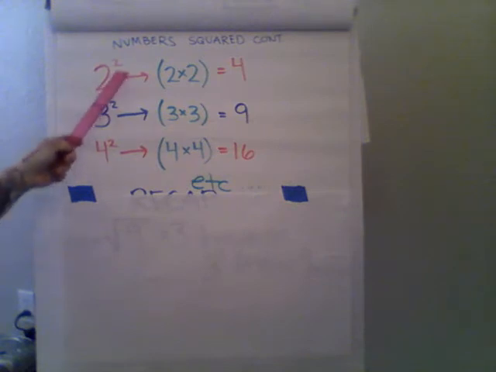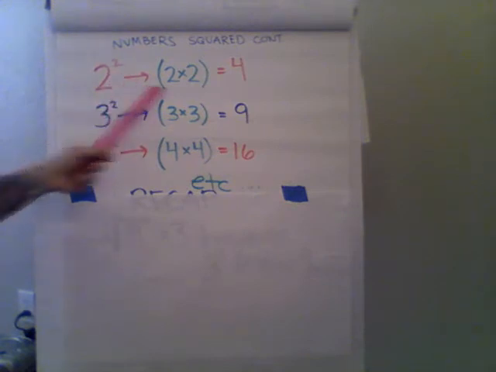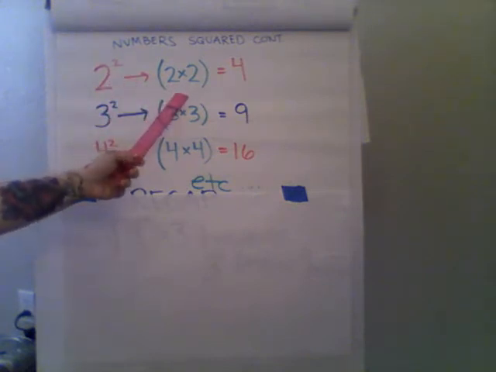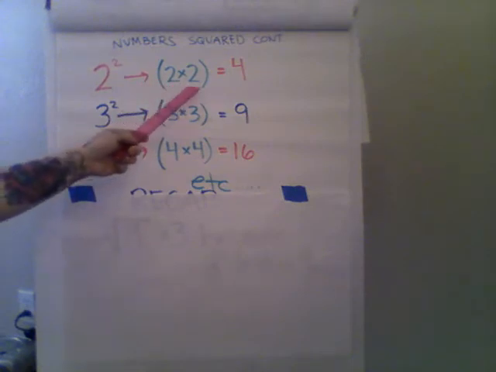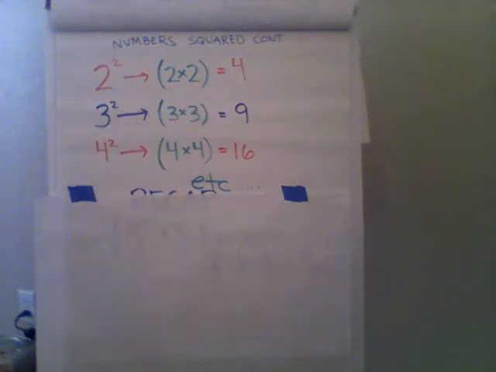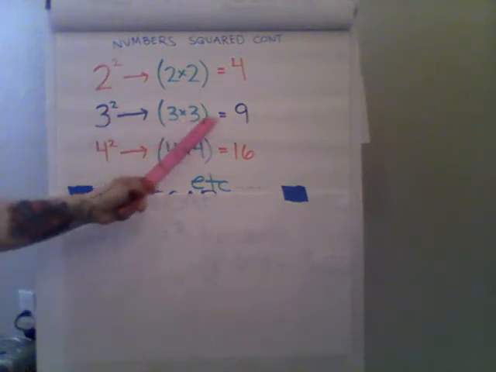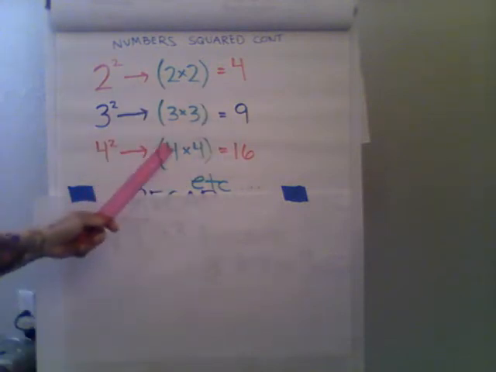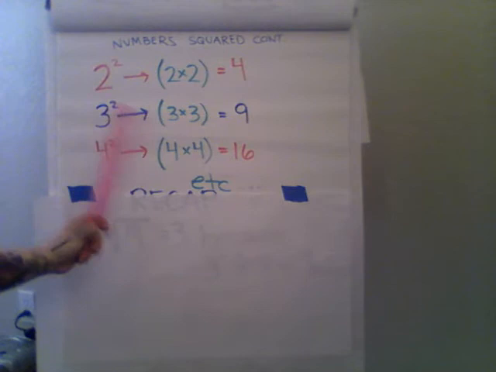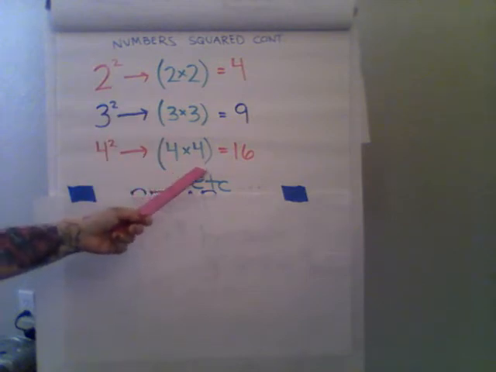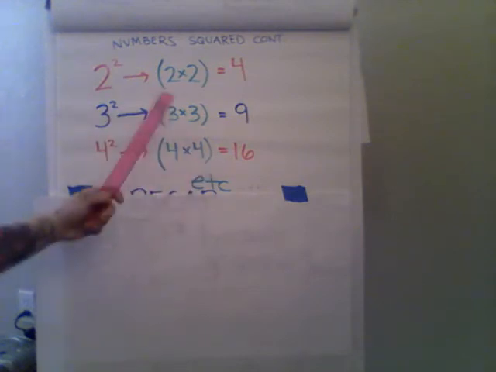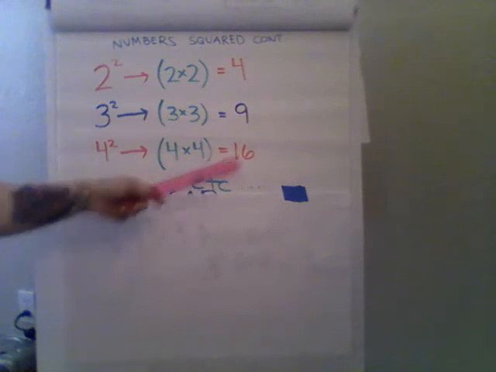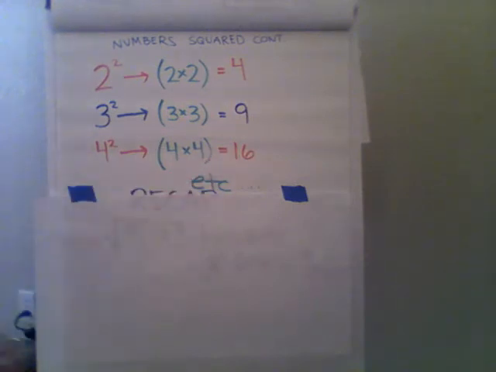So 2 squared, in this case, is 2 times 2 because 2 times itself will equal 4. 3 squared is not 3 times 2, it is 3 times 3, which will give you 9. 4 squared is not 4 times 2, but it is 4 times 4. See how it's all multiplied by itself? And that'll give you 16.